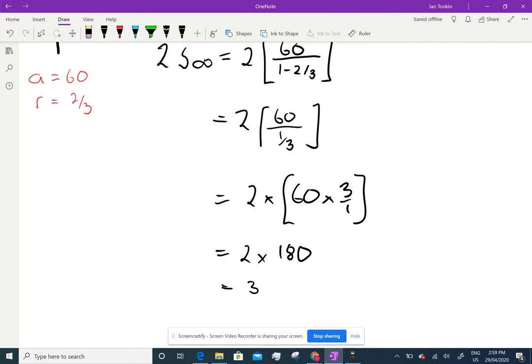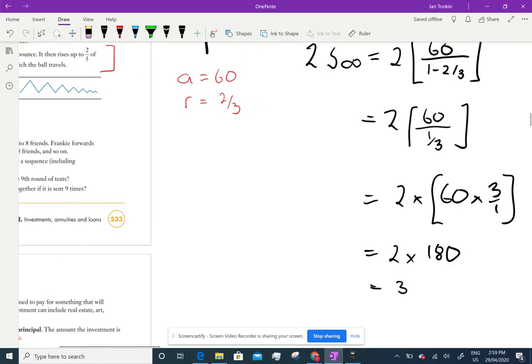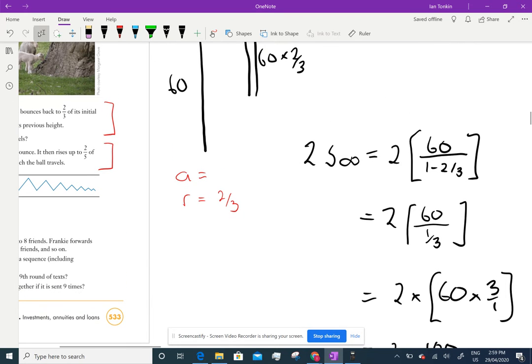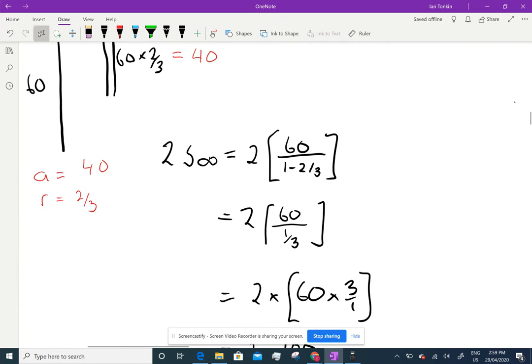So my A is not 60. My A is 2/3 of 60. And we're going to work this out now. So 3 into 60 goes 20, so 40. So my A is 40. And I'm going to get 2 of those. So the total distance is going to be 2 of those, but 60 plus it. I'm going to keep that 60 separate.